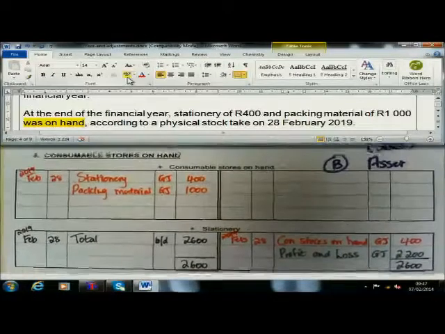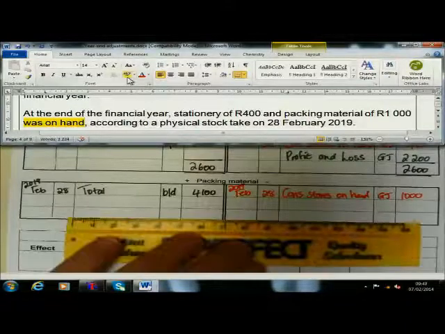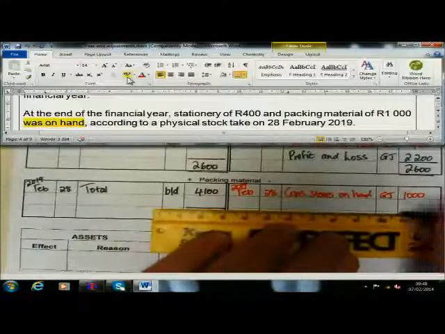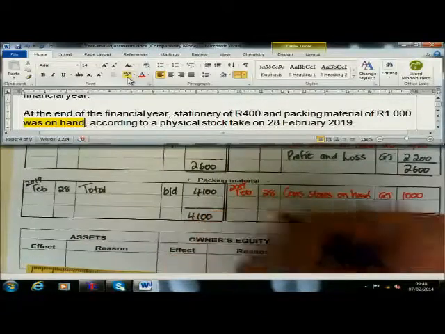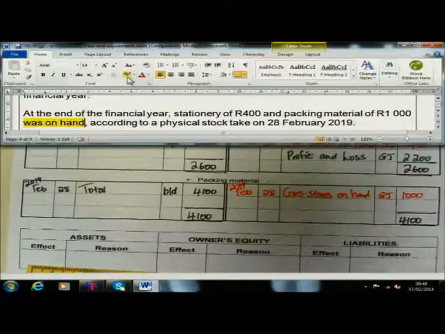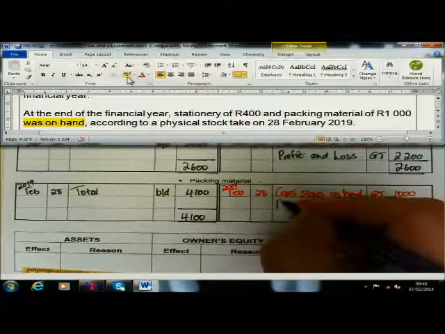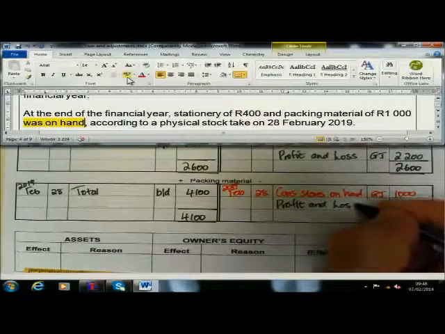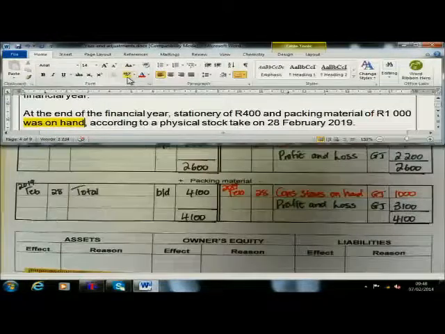It's like stock for the business. Then you close off your packing material to your profit and loss account, and your profit and loss account is your expense for the year. So the profit and loss account is basically whatever we used. 4,100 there, so we take to the profit and loss account 3,100, which was the amount of packing material that we used.